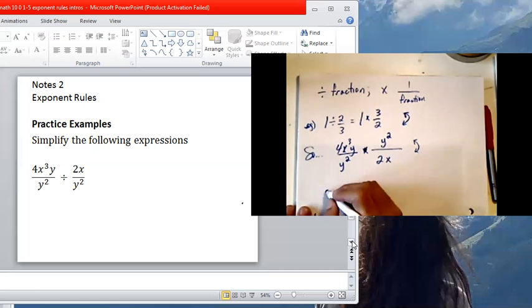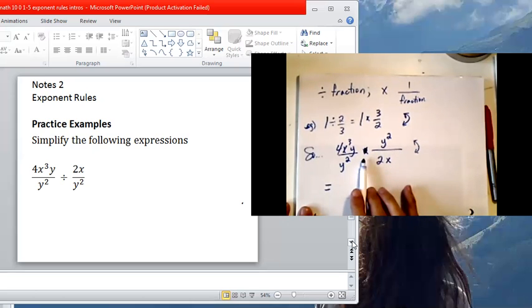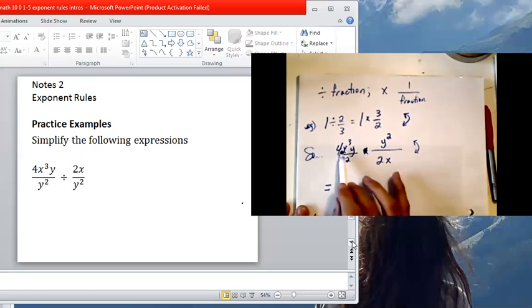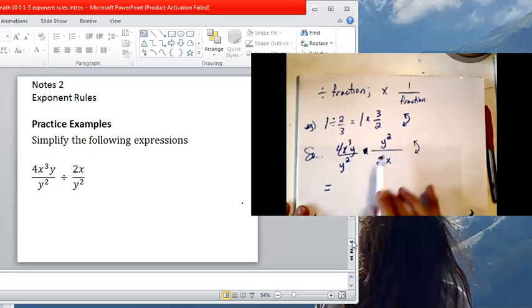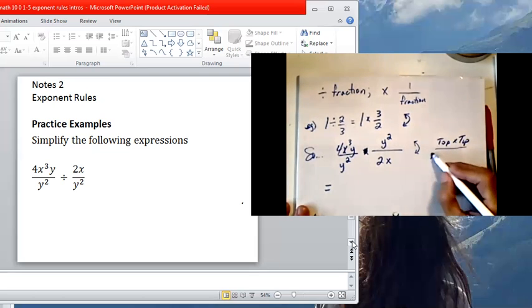Okay, now we have two fractions that are multiplied together. And so you always do the top times the top, over the bottom times the bottom.